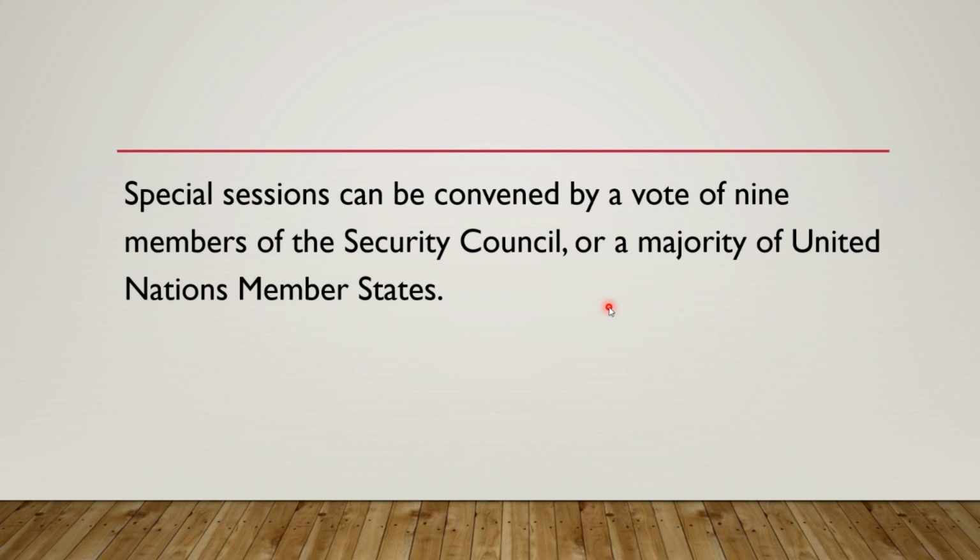Among the 15, if 9 of them vote for a special session, the special session will be convened, or the majority of United Nations member states should vote for a special session.